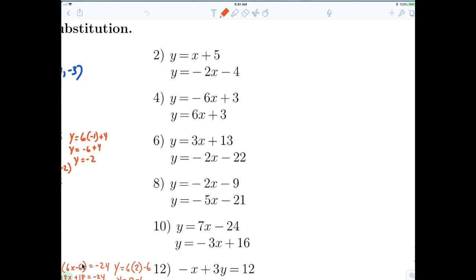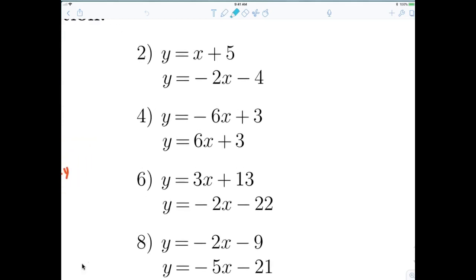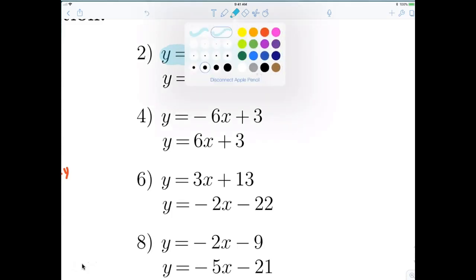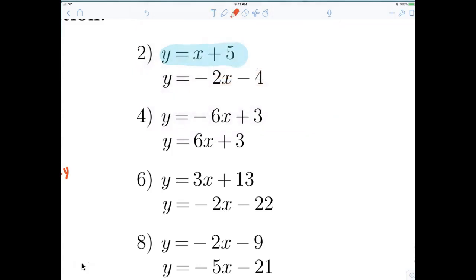Again, we call it substitution because we're going to be substituting one in for the other. Please watch and listen carefully. y is equal to x plus 5. If y is equal to x plus 5, that means wherever I see a y, I could replace it with x plus 5, because they are equal.